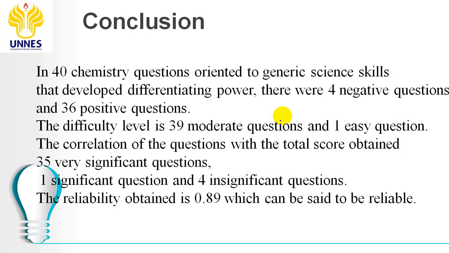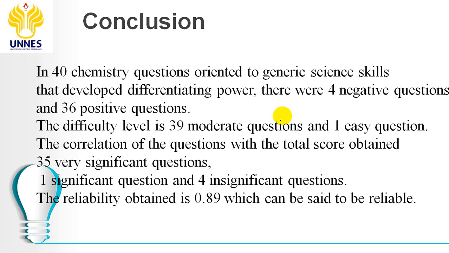Conclusion: in the 40 chemistry questions oriented to generic science skill that were developed, for differentiating power there were 4 negative questions and 36 positive questions. The difficulty level is 39 moderate questions and 1 easy question.